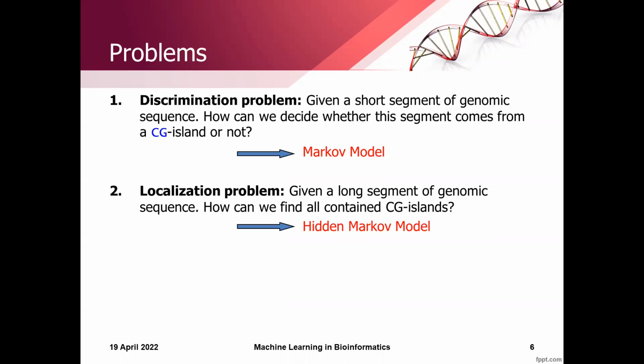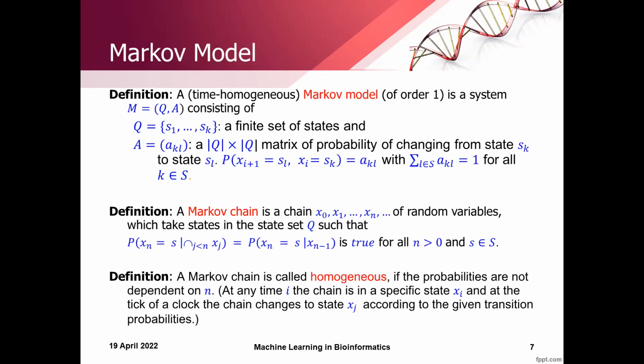So if I obtain a sequence, I would like to say, is this whole sequence coding some gene or not? This is the first problem. And the second problem, I have a long DNA sequence, and I would like to identify subsequences which encode genes. This is the localization problem. For the discrimination problem, we can apply a Markov model, and for the localization problem, a hidden Markov model.